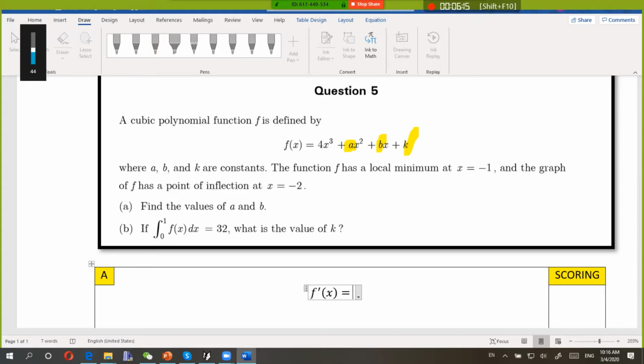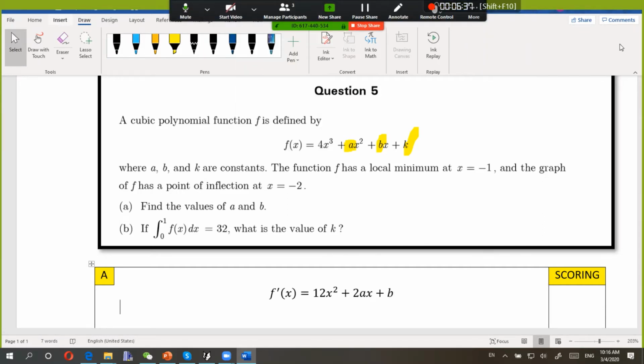It would be equal to 0 at -1, but in general, at any x point, what would the derivative be? 12x squared plus 2ax plus b. Perfect. That k is a constant, so it will go away.